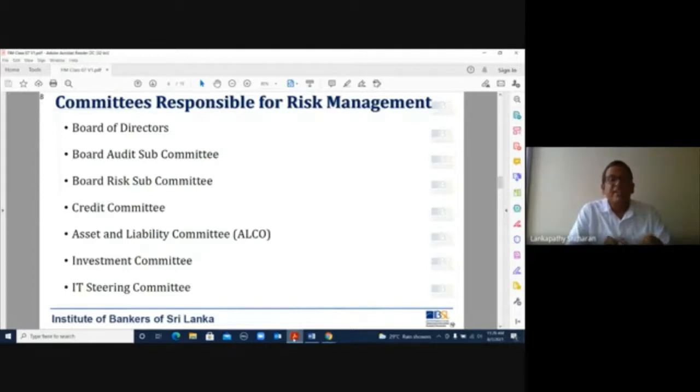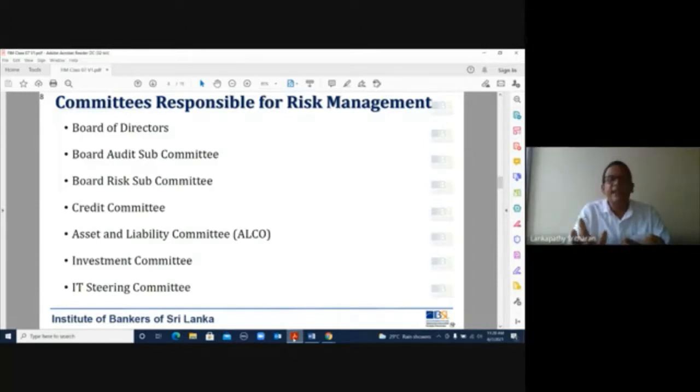The second one is the board audit subcommittee. The board audit subcommittee is the committee in charge of giving assurance about the risk management function of a bank or financial institution. And there is another committee, the board risk subcommittee.